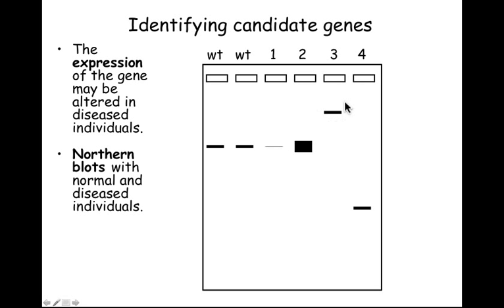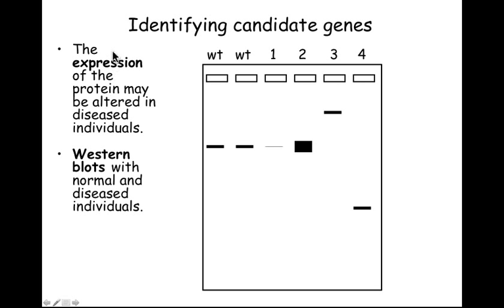Things which have a larger than normal size could be mutations that contain something like an insertion. They could also have a mutation in the splice junctions, so that maybe an intron can't be removed now and you're making a larger than normal product. Or you could have individuals that contain a deletion in this gene, or a premature stop codon, which would make a smaller than normal product.